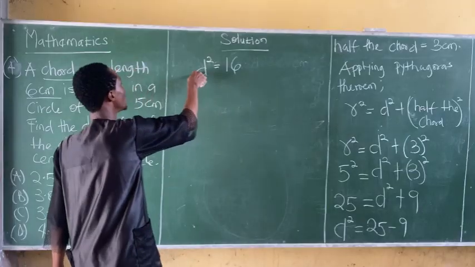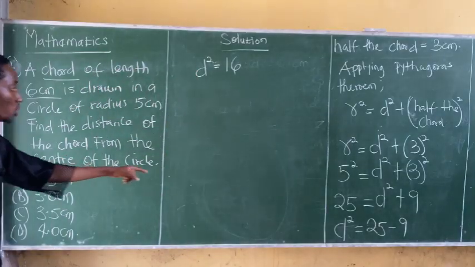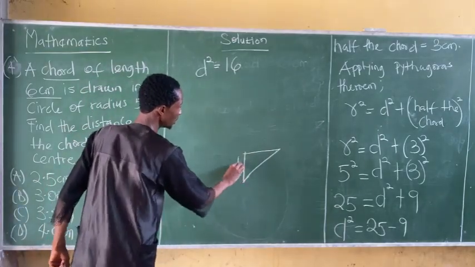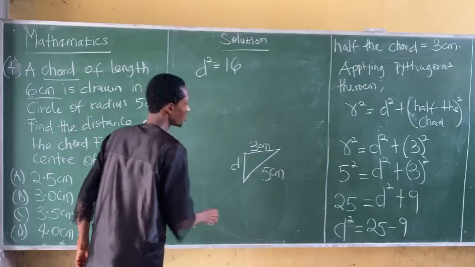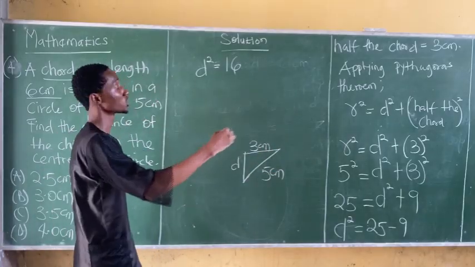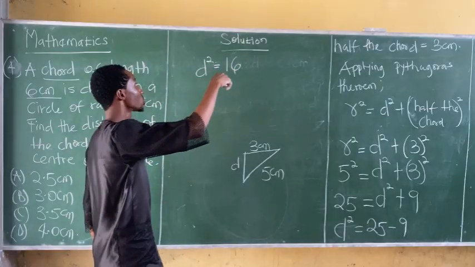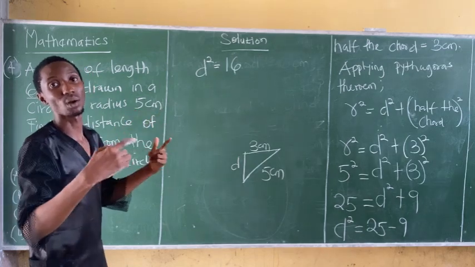We are looking for d. They said the what? The distance from the center of the chord, which was this distance d. So they say we should find d and not d square. So what do we do? We take the square root of both sides. Some persons will say we raise both sides to the power of half.